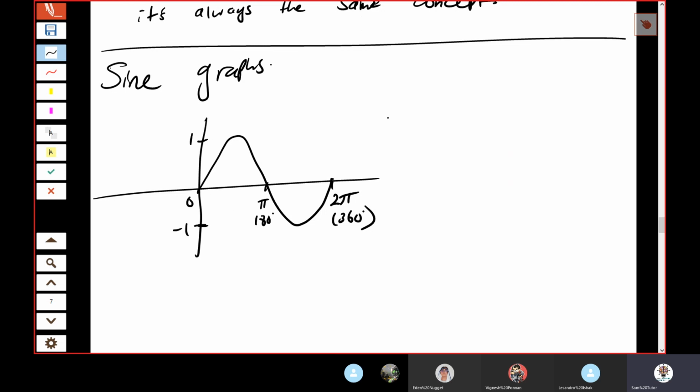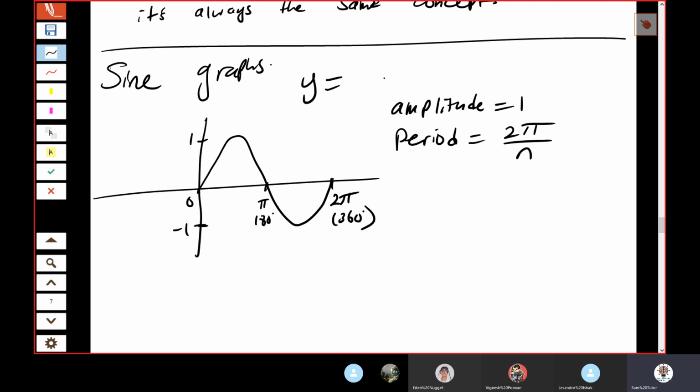This is minus 1. The properties are amplitude, and that equals 1. That's how high and low it goes. Your period is equal to 2 pi on n, where n is the number in front of x.